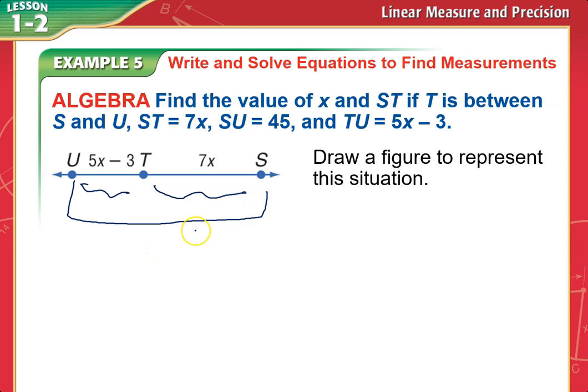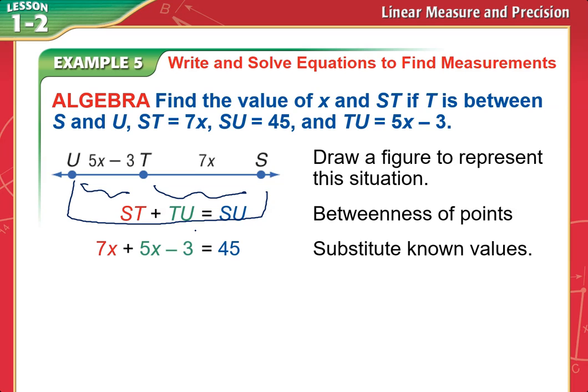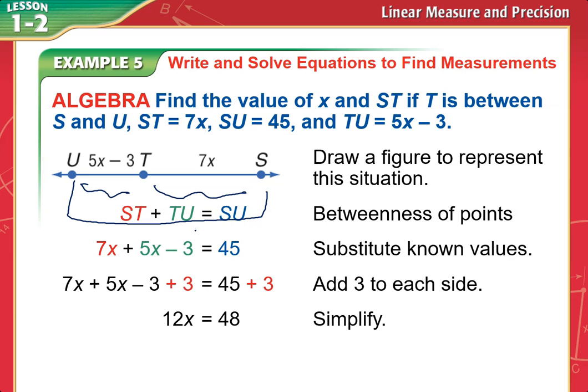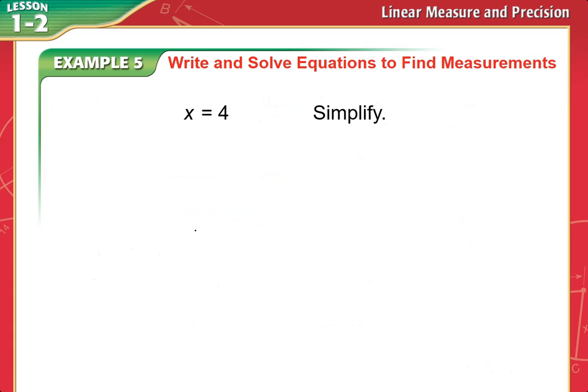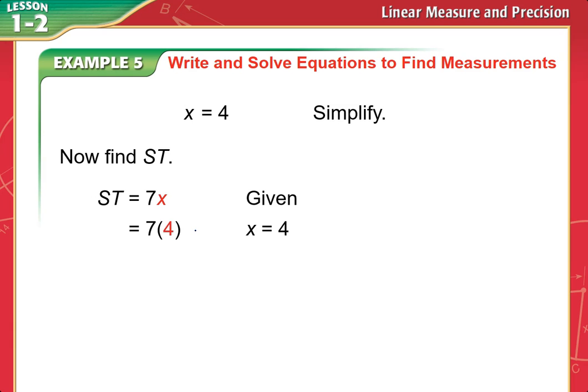So we have the two parts equaling the whole. So we have 7x plus 5x minus 3 equals 45. And then we solve using algebra, and we get x is equal to 4. And then we also want to find ST. Therefore, we put 4 back in, and we have an answer of 28.